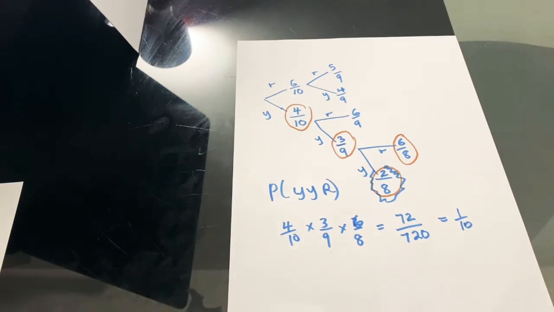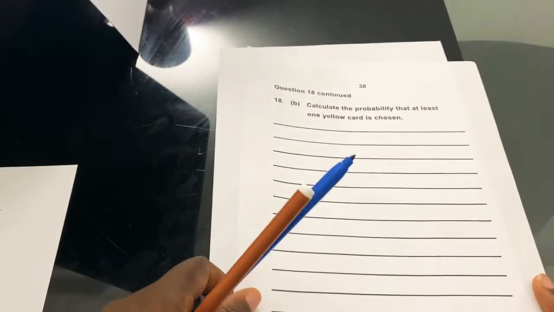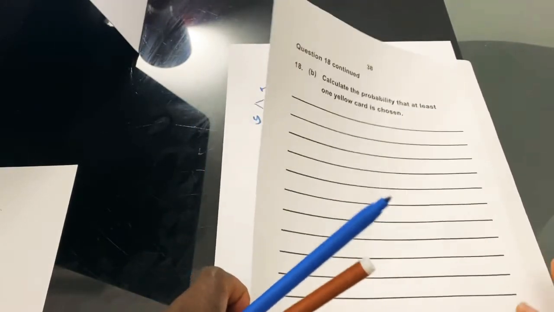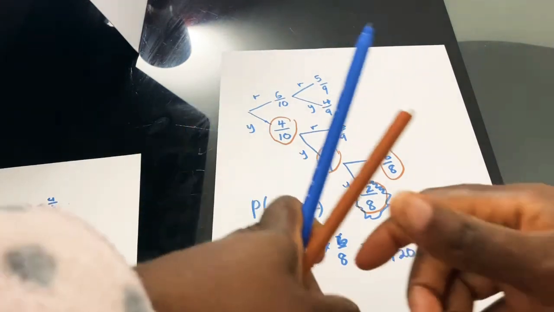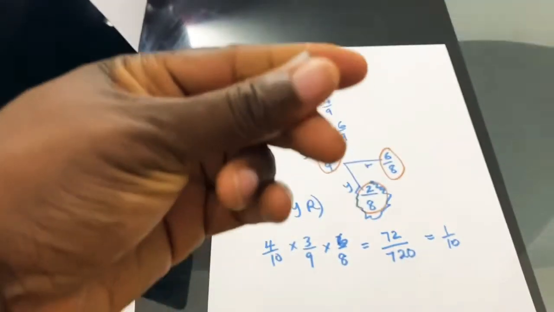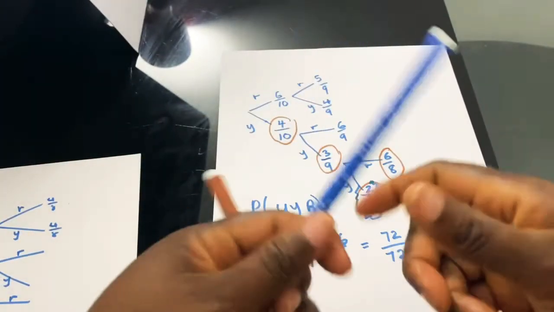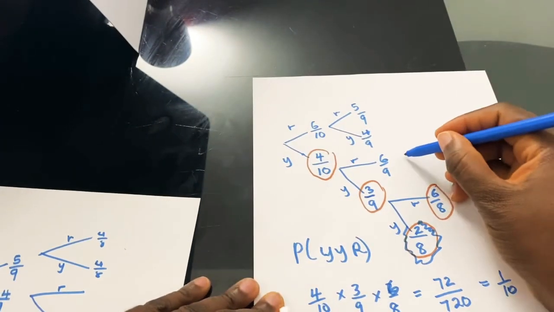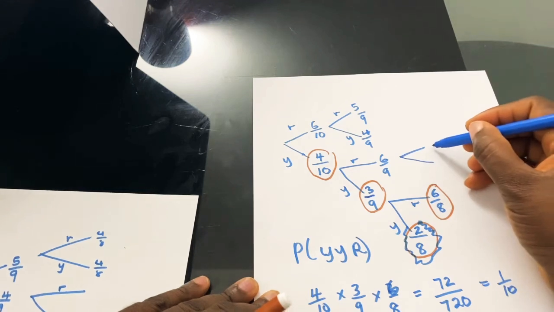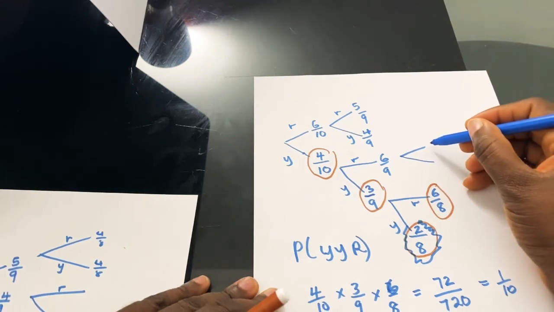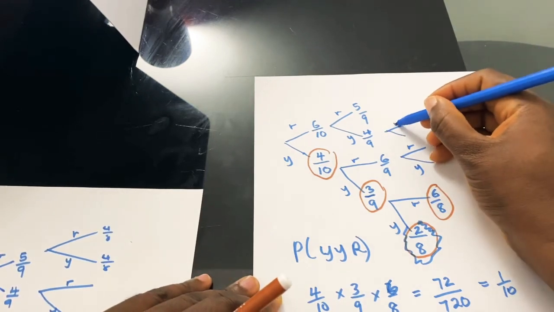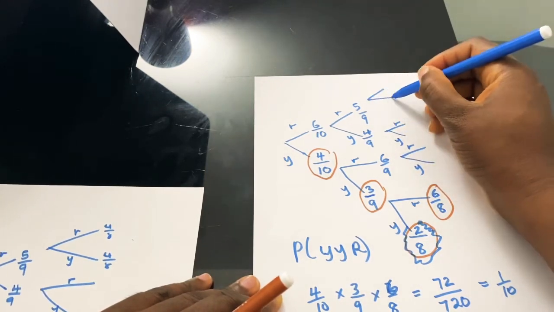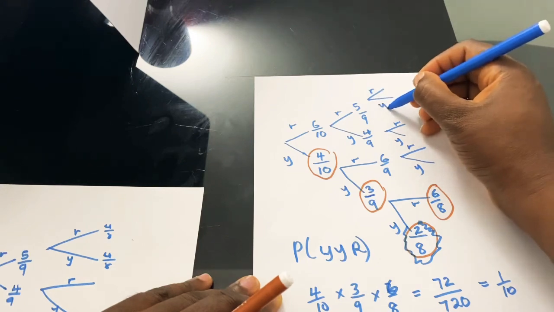All right. And to answer the second question, it says calculate the probability that at least 1 yellow card is chosen. If you extend this now, this would be red and yellow, and this would be red and yellow, and so on.